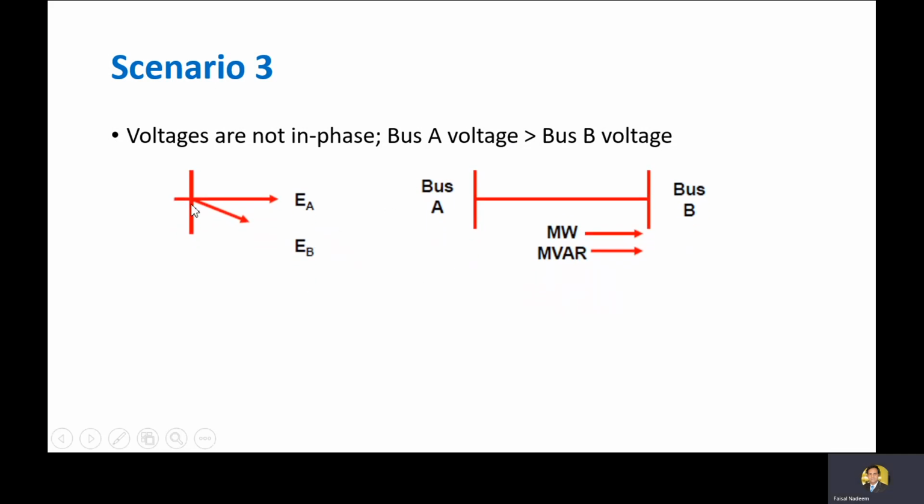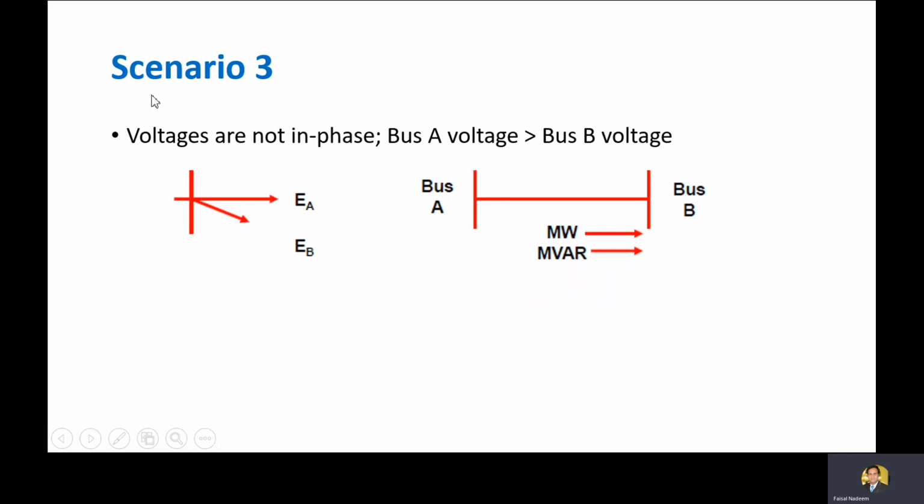And the voltages are not in phase. How, and according to what phase, are they not in phase? The phasor of the bus B voltage is lagging the phasor of the bus A voltage.